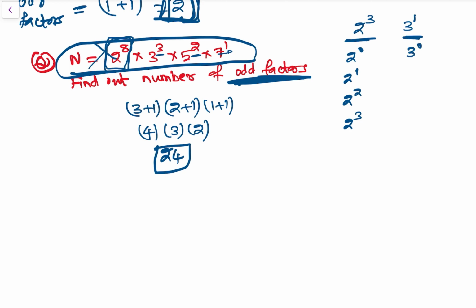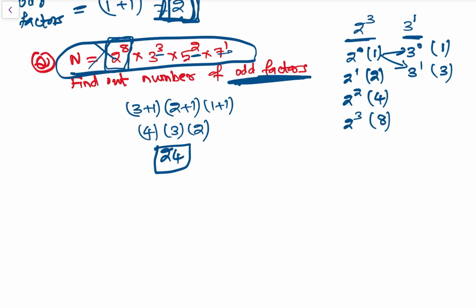Similarly 3 to the power 0, 3 to the power 1. Their values: 2 to the power 0 is 1, 2 to the power 1 is 2, 2 to the power 2 is 4, 2 to the power 3 is 8. 3 to the power 0 is 1, 3 to the power 1 is 3.